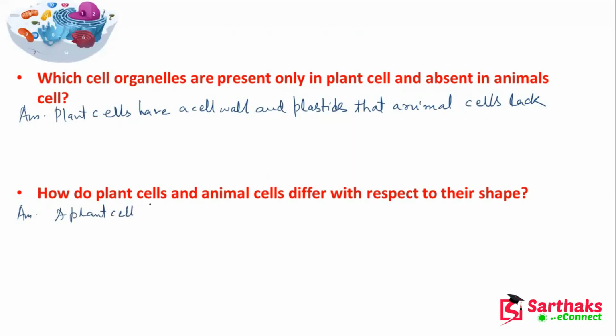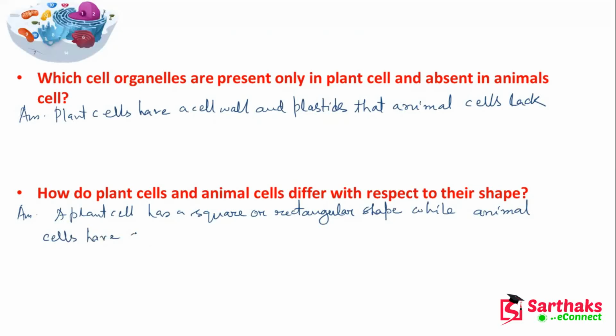A plant cell has a square or rectangular shape, while animal cells have an irregular or round shape. Okay.